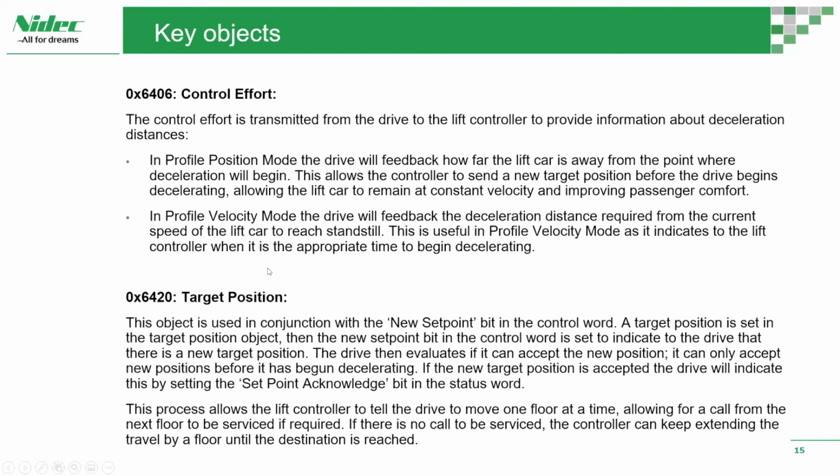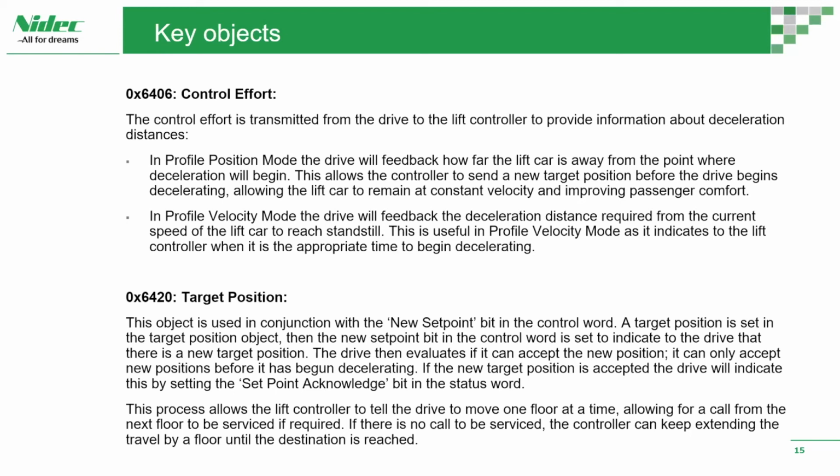6420, so target position. This object is used in conjunction with the new set point bit in the control word. The target position is set in the target position object. Then the new set point bit in the control word is set to indicate to the drive that there is a new target position. The drive evaluates if it can accept this new position. It can only accept the new position before it has begun decelerating.